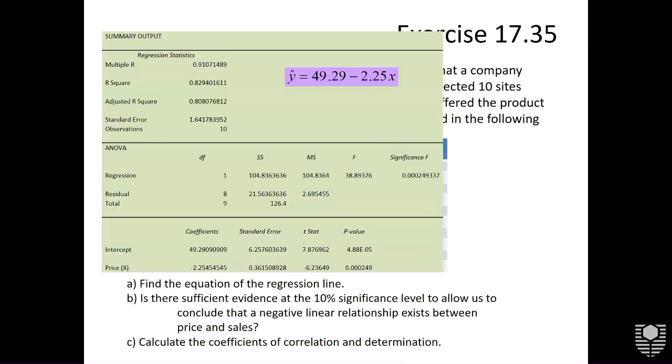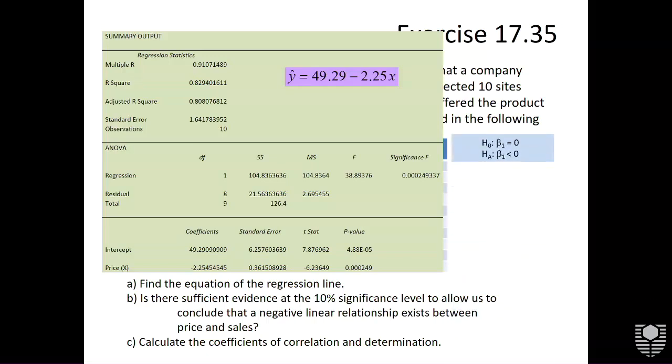Two decimals is enough, because here there are a lot of decimals. Minus 2.5, because the value of beta 1 is negative, and beta 0 is positive. That's why we put 49.29 minus 2.5. So that means the association here is negative, right?